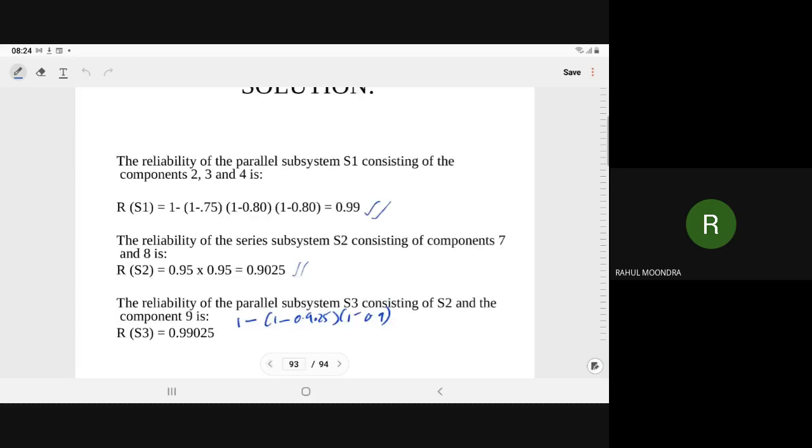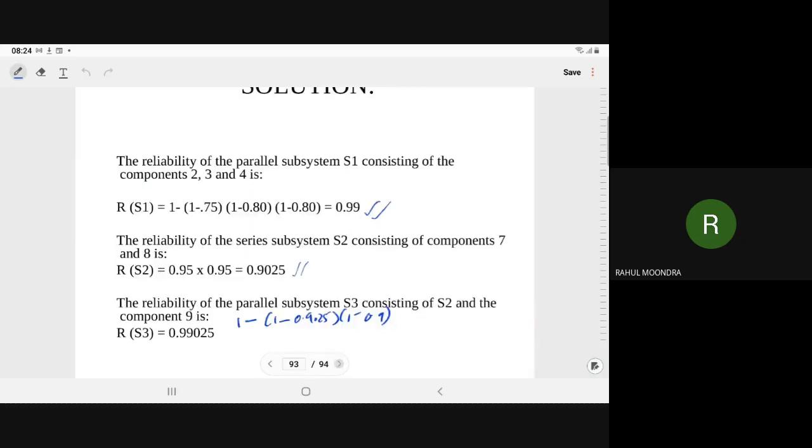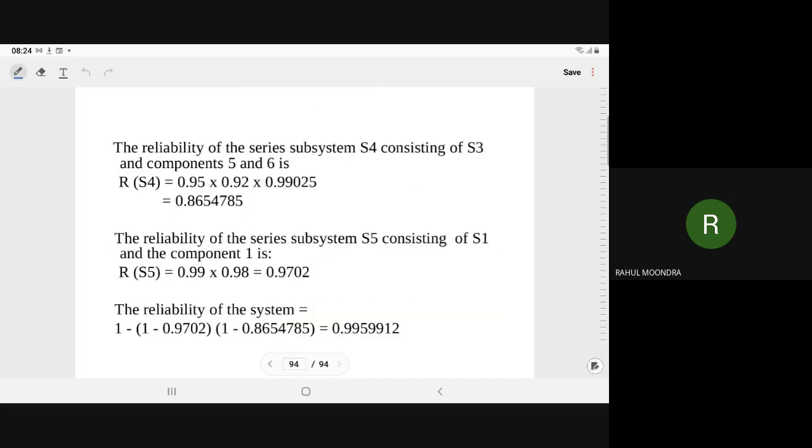And for computing the complete system, we can see from that figure that S5 and S4 are in parallel. So the reliability of the complete system will become 1 minus (1 minus 0.9702) into (1 minus 0.8654785).